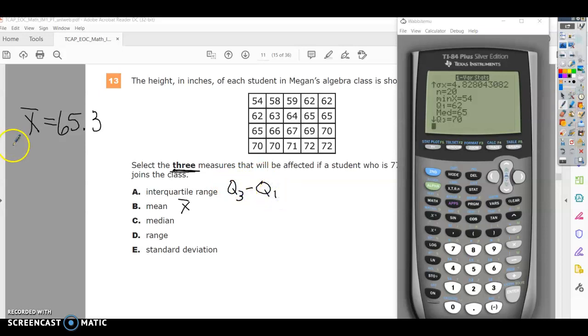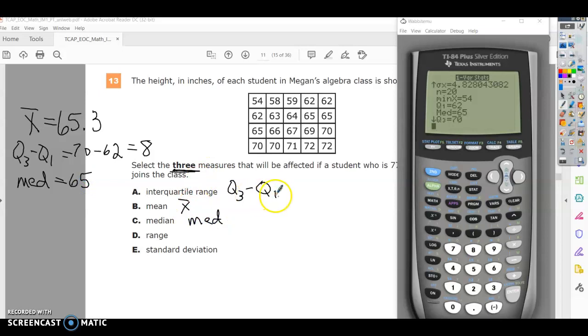Our interquartile range is Q3, which is 70, minus 62. 70 minus 62 is 8. And the median, it gives you the median here on the calculator. It says the median is 65. And that's represented just as MED.